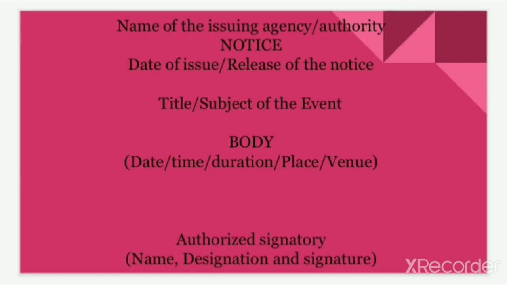After that, when the program is to be held, the time, the duration, and the place and venue. After this, the authorized signatory's name, designation, and signature. This is how we have to write a notice.